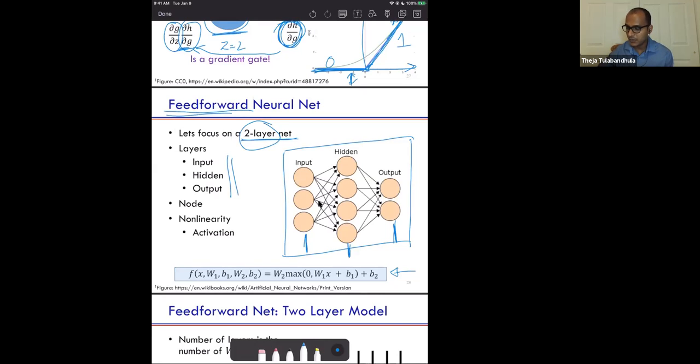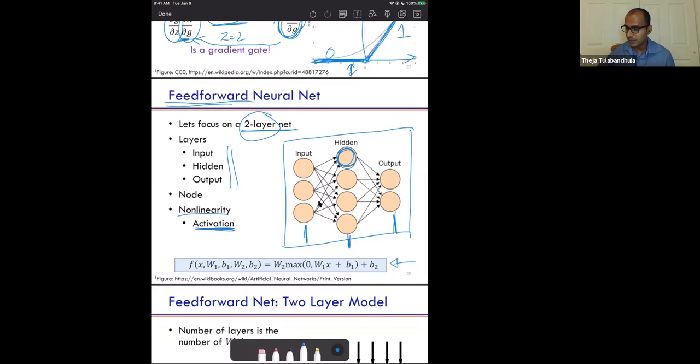So this picture has a bunch of nodes. Okay, these are not necessarily the computational graph nodes that I was talking about last time, but you'll see that they are pretty much the same. And we saw the nonlinearity examples from before, and there's also this notion of an activation. Okay, so those are the words that I want to use, and one of the layers is going to be a hidden layer.